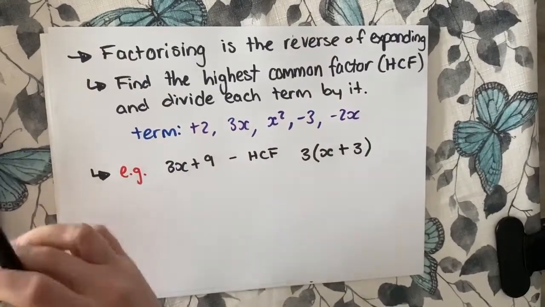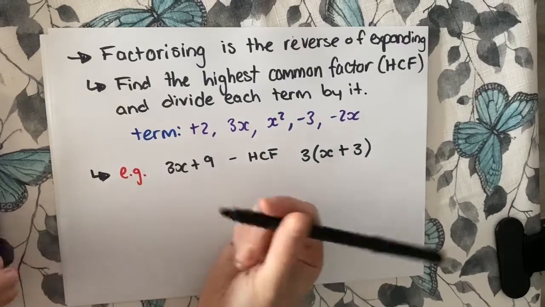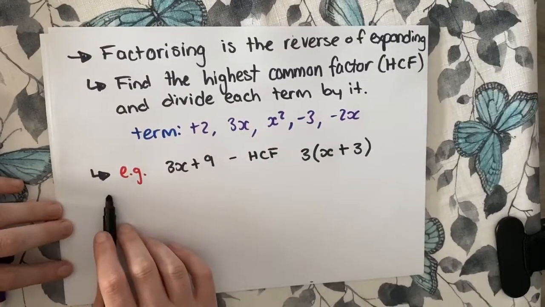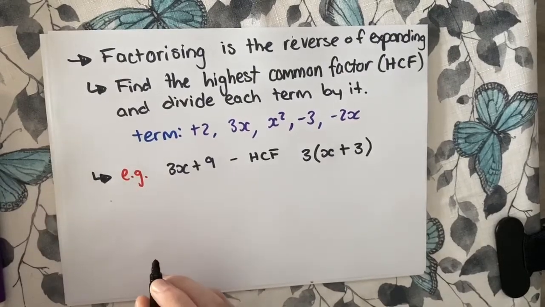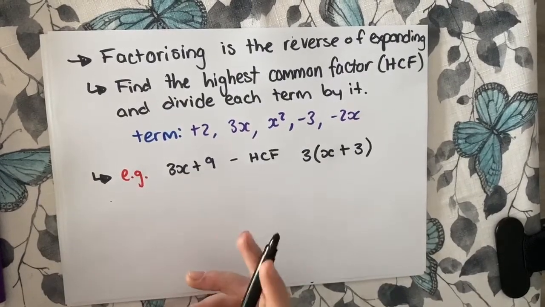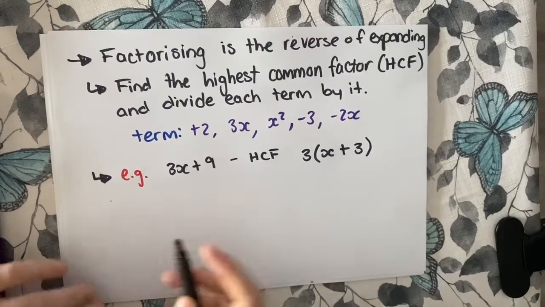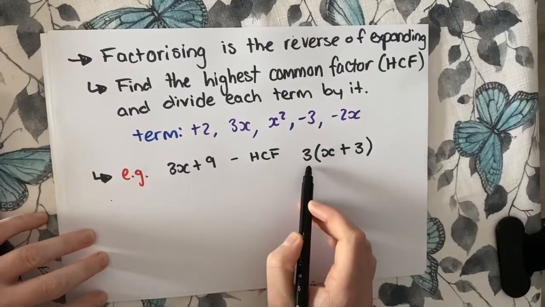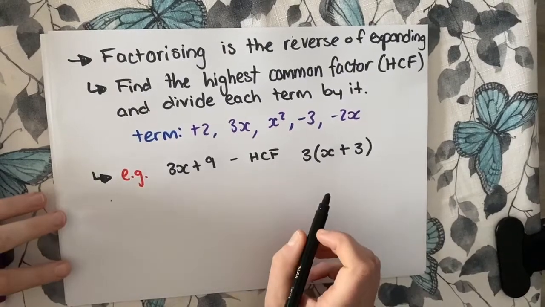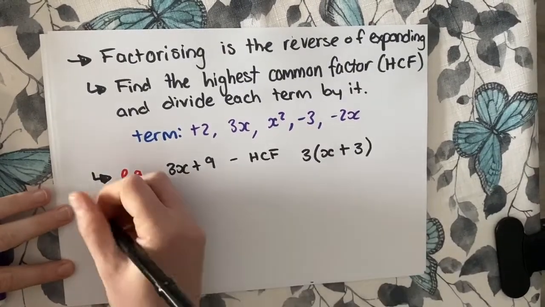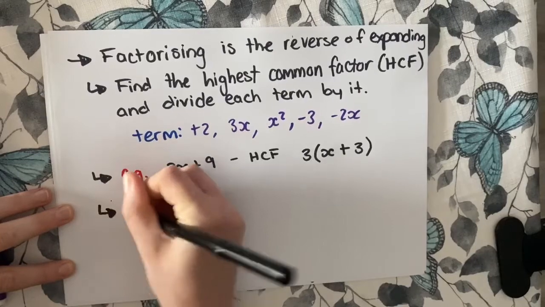So the good news is that when you're finding your highest common factor, there are 2 little tricks to know whether your highest common factor is a number, like this one, or sometimes it may be a variable. So we'll just put that as a note there.